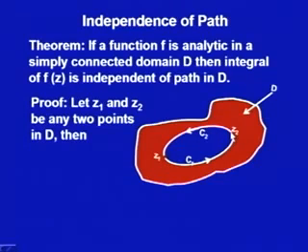Now, f is analytic in this whole domain. I want to say that the integral of f from the point z1 to z2 would be the same whether I reach in this manner, or in this manner, or I go with any other path. It should be independent of path.